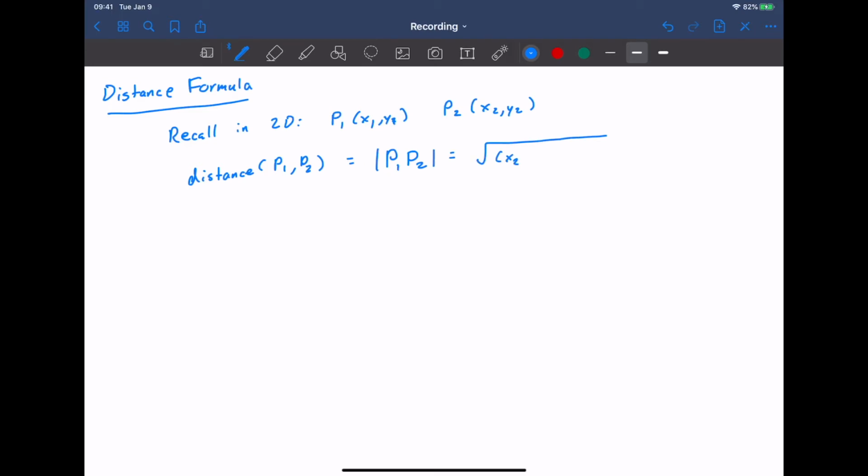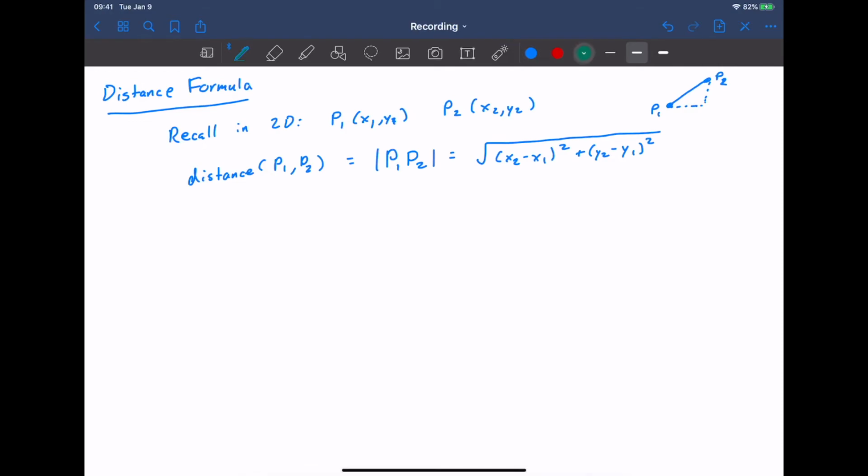We would find the change in the x's squared plus the change in the y's squared, and then we would take the square root. And it's because if we have point 1 and point 2, we can just make a right triangle.